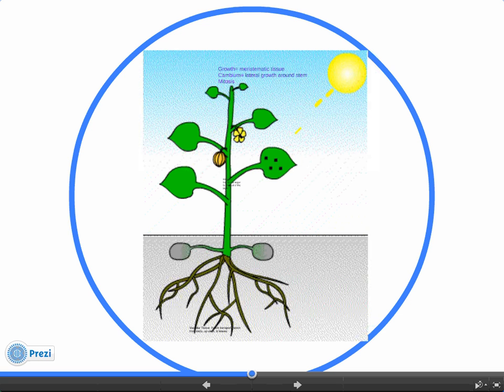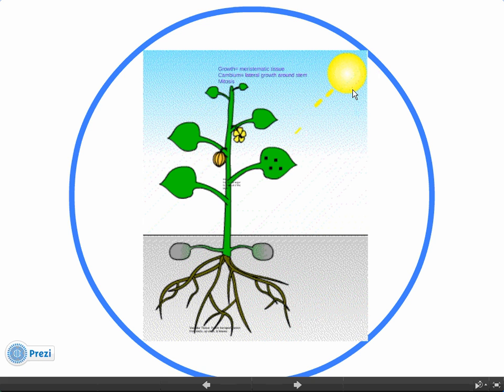So now we've got water from the roots. We have sunshine from the sun, and we have carbon dioxide thanks to the little holes called stomata that are letting in the carbon dioxide gas. So photosynthesis is taking place in the plant. Now the leaf has sugar, glucose, waiting.